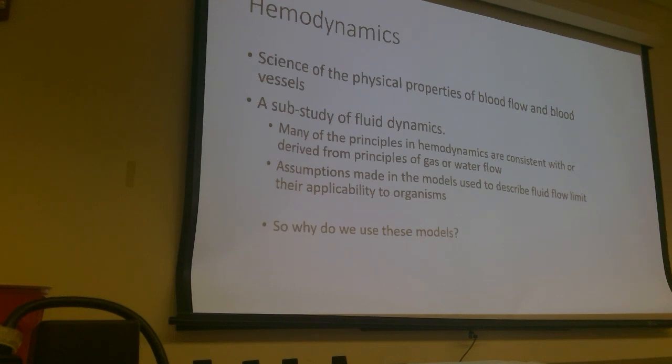Blood is not a Newtonian fluid, and our vessel walls are not stiff, rigid and frictionless. So a number of things don't fit the model perfectly, but it's still useful as a predictor and to understand how properties work a bit better.